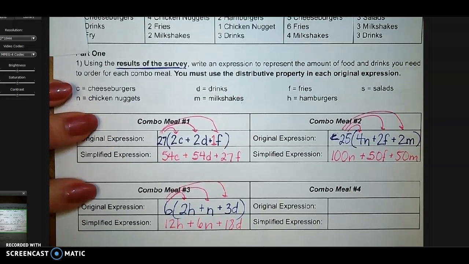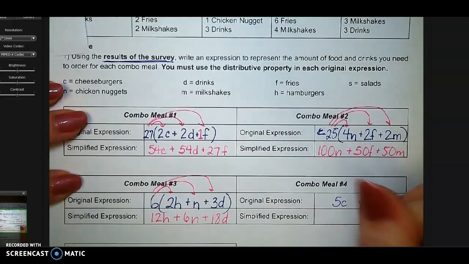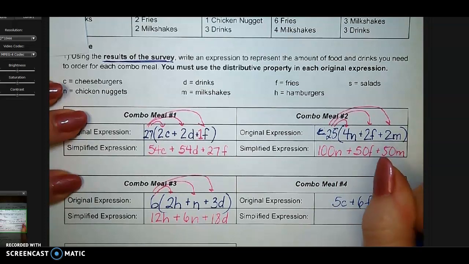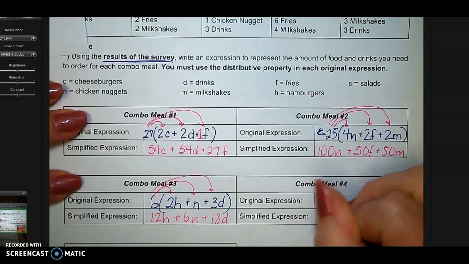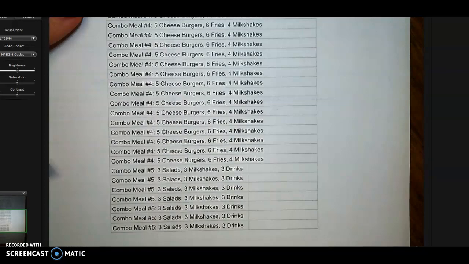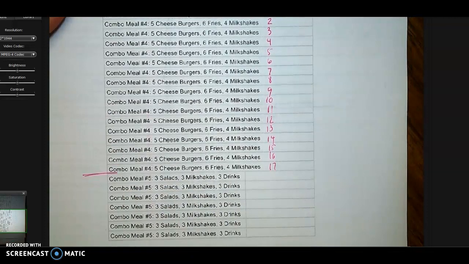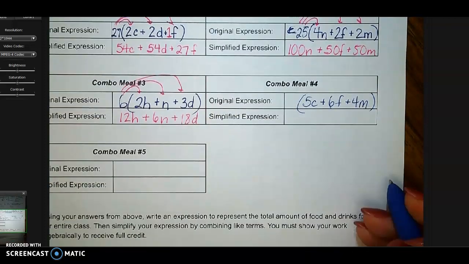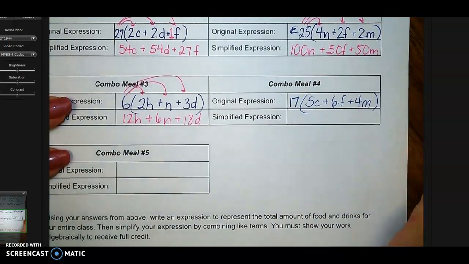Combo meal number 4 has 5 cheeseburgers, 6 French fries, and 4 milkshakes, for apparently when you're super hungry, when you've got a really big appetite. We had several people choose that one. I counted 17 of those, so I need 17 of those.